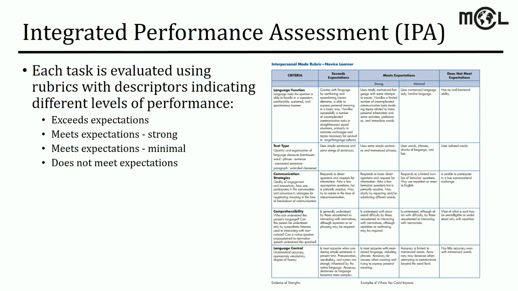And then, as I mentioned before, on an IPA or any good performance assessment, you're going to evaluate each task using rubrics with descriptors that indicate different levels of performance. And you're going to share the rubric with the student before they prepare for the task. So you can see an example that ACTFL has published for the interpersonal mode novice learner. So again, feel free to pause the video and take a closer look.